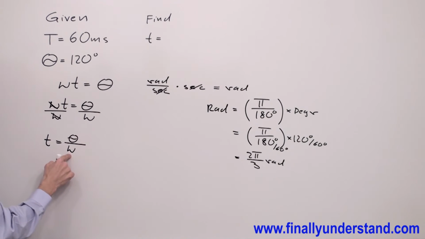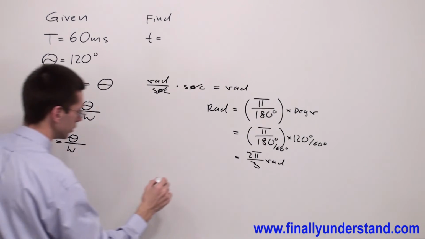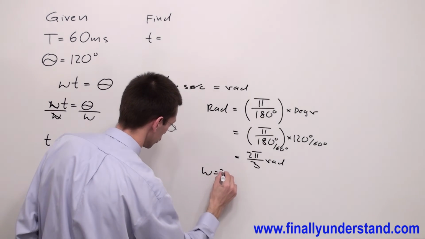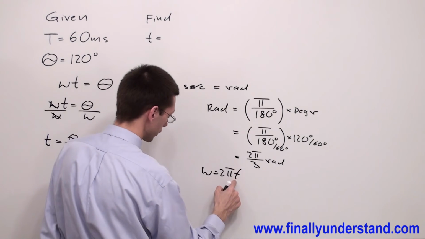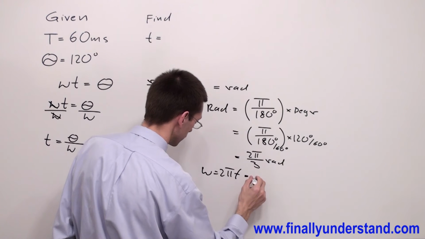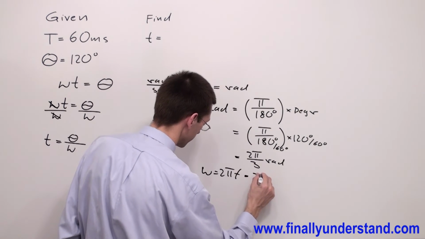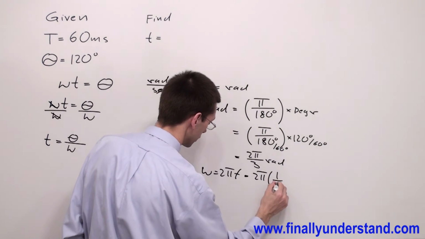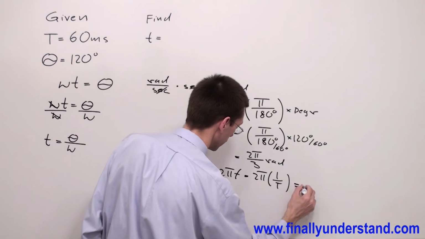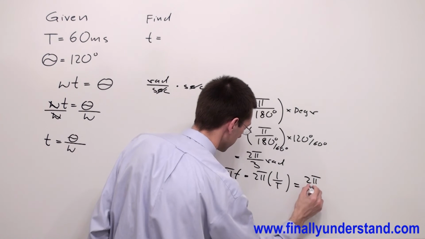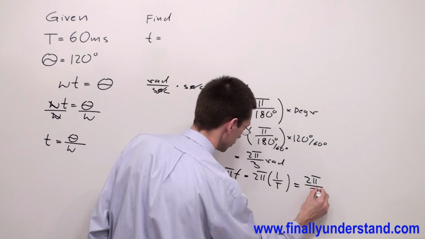Omega is 2 pi f. Frequency, we said, is equal to 1 over t. That's why I'm going to write 2 pi times 1 over t. Instead of frequency, I'm going to write 1 over t. This is equal to 2 pi over t.